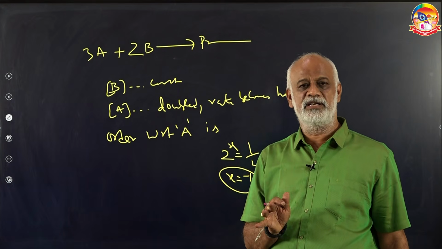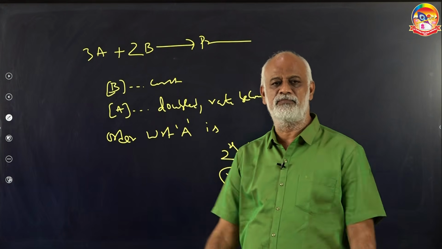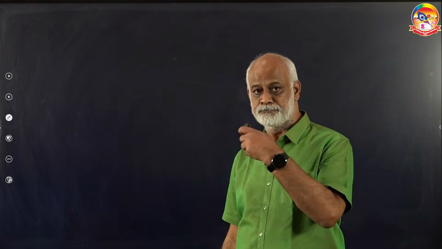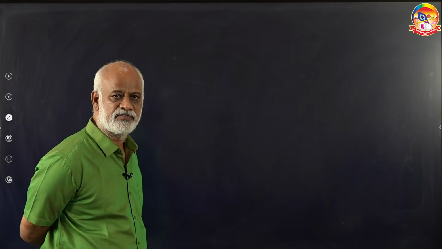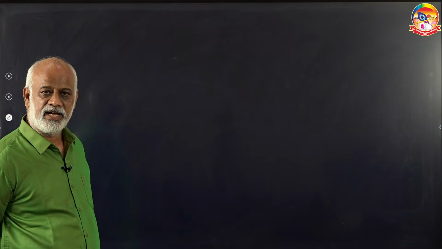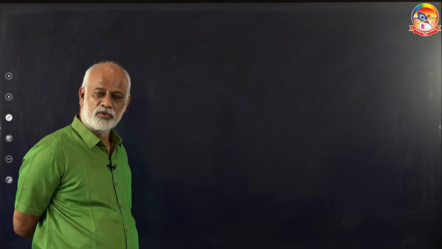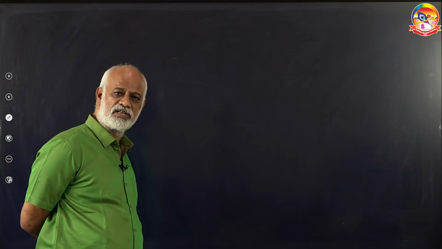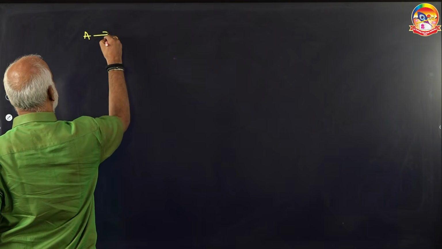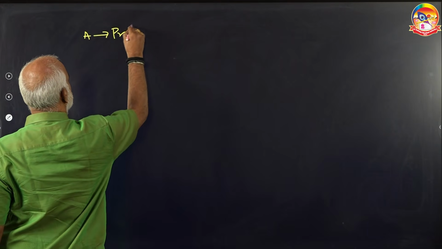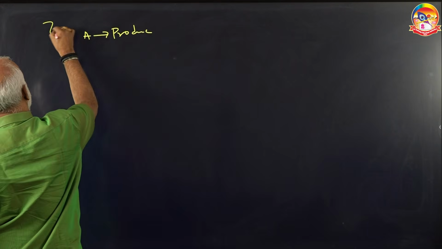And for an elementary reaction, order is the same as molecularity. Then, what are the two important types of reactions that we study? First order and zero order. What is a zero order reaction? What is a first order reaction? For example, A gives products. I am talking about zero order.